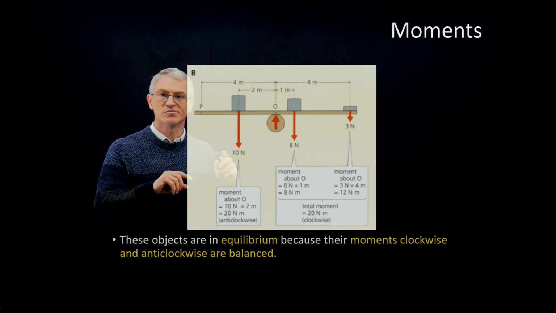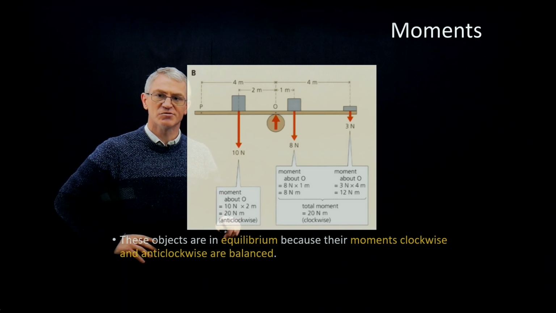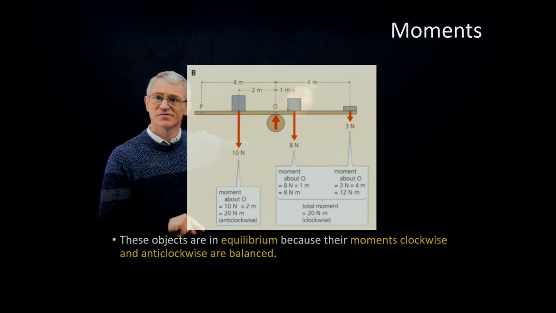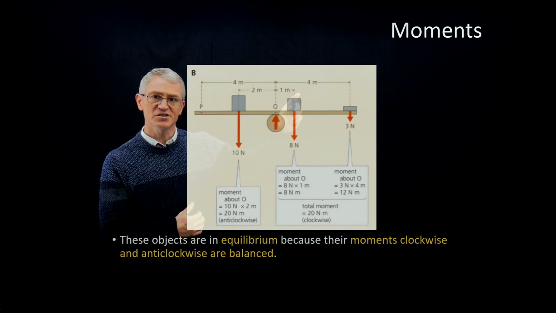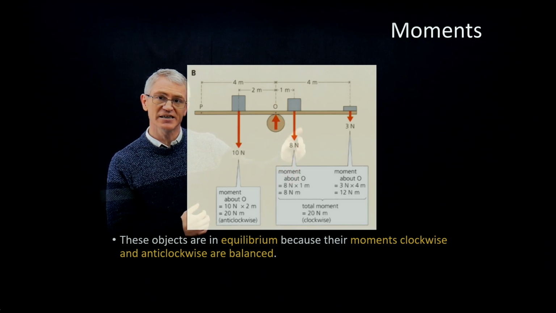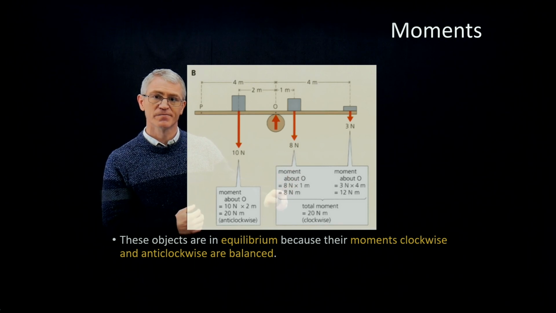I'm going to go through 2 examples. Here this object is 2 meters away from the pivot and there's 10 newtons. So 2 times 10 is 20. And that is going in this direction, therefore it's anti-clockwise. So anti-clockwise 20 Newton meters. If we look at this one, 8 newtons, and it's 1 meter away. See that? So 8 times 1 is the first clockwise moment.